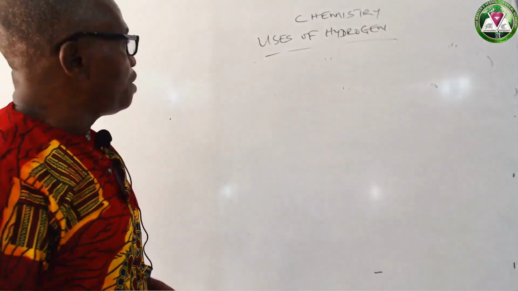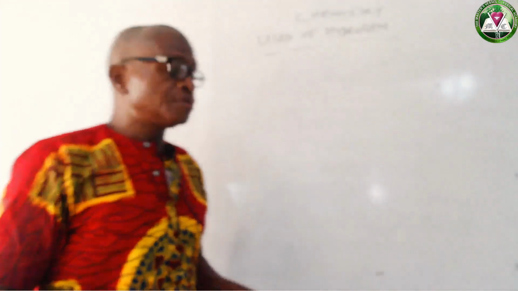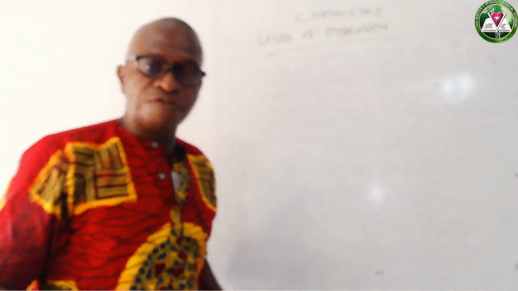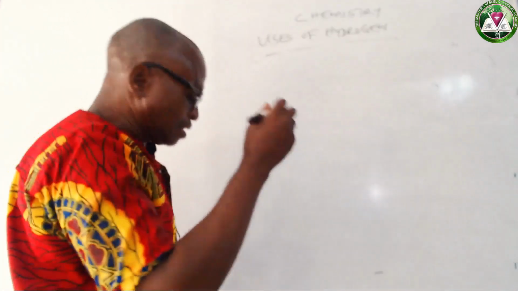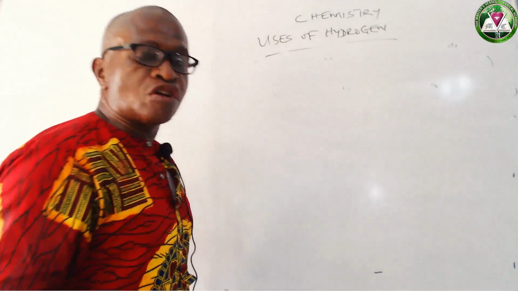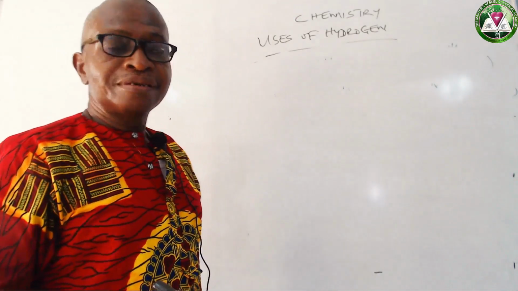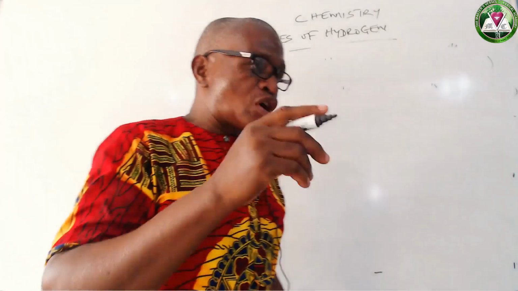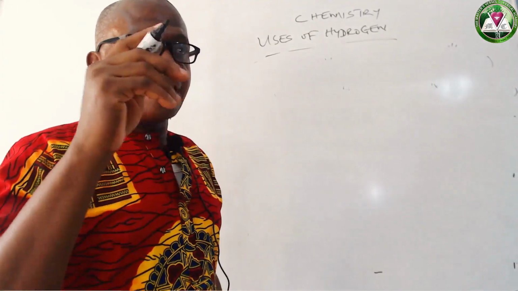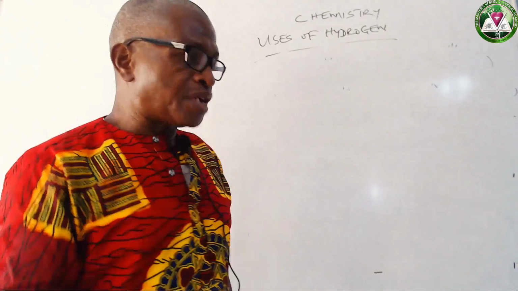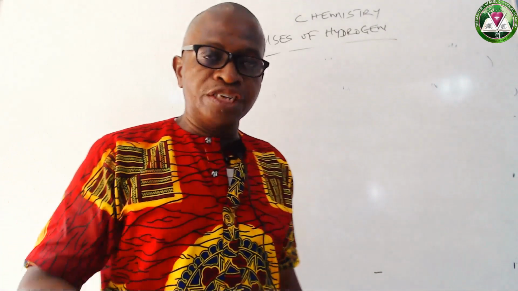All right, let me rehearse what we have done. We are doing uses of hydrogen. The first one is that we said that hydrogen can be used in production of margarine. And I said in the production of margarine, you produce margarine from vegetable oil. And you know that vegetable oil is a liquid.